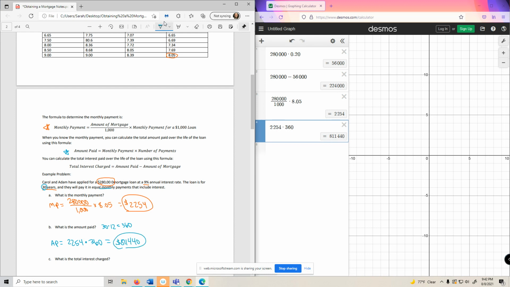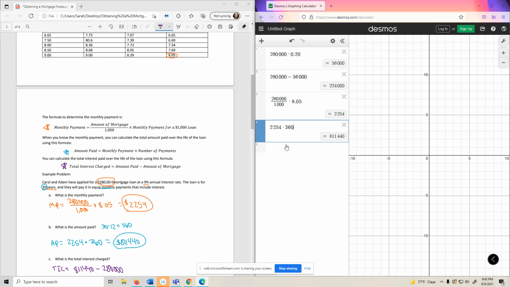That's because of interest. The total interest charged, we find that it's similar to what we've done in the past with finding total interest amounts. We use this formula here. Total interest charged is the amount paid, that big number we just found, $811,440, minus the original mortgage cost, which was $280,000.